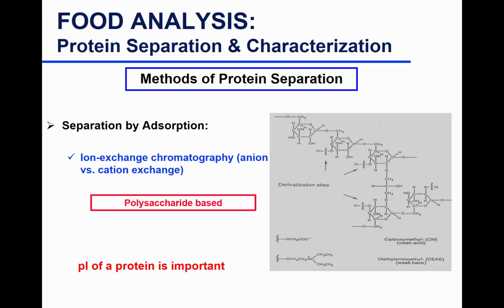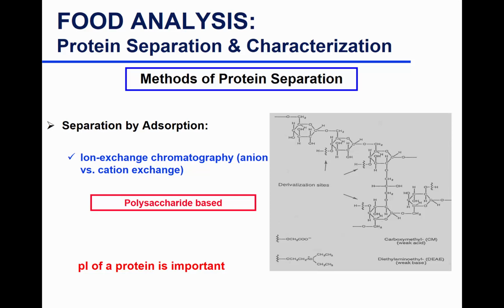So if the pH is higher than the pI of a protein, what would its net charge be? If the pH of your solution or buffer, or whatever you have your sample in, is higher than the pI of the protein, what would be your net charge?